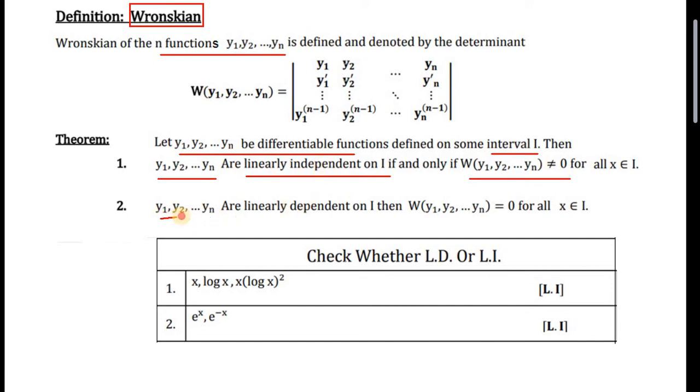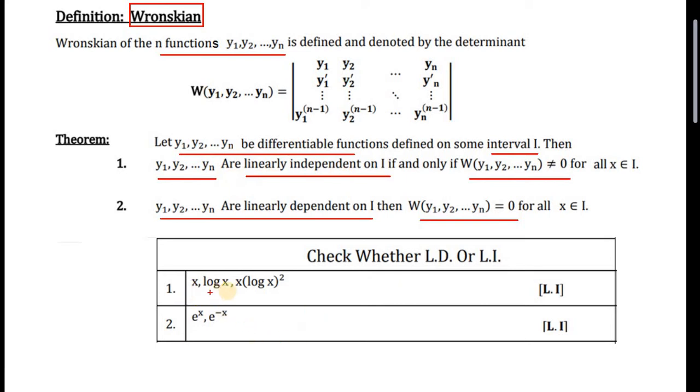Similarly, the functions will be called linearly dependent on the interval if their Wronskian is equal to 0. Whenever the value of the Wronskian is 0, the given functions are linearly dependent. If the value of the Wronskian is non-zero, then the given functions are linearly independent.